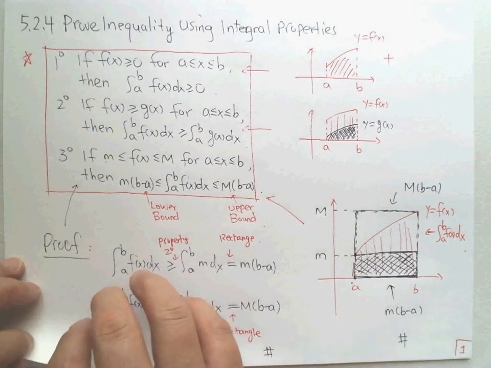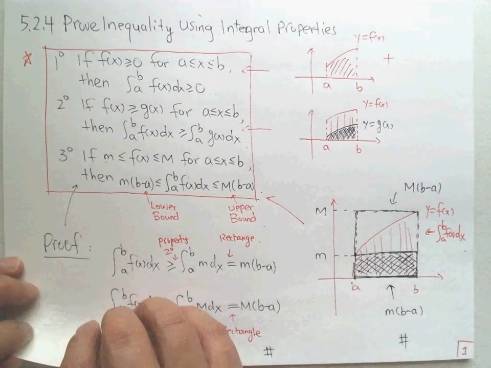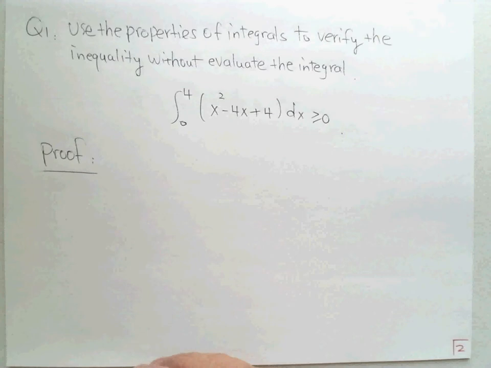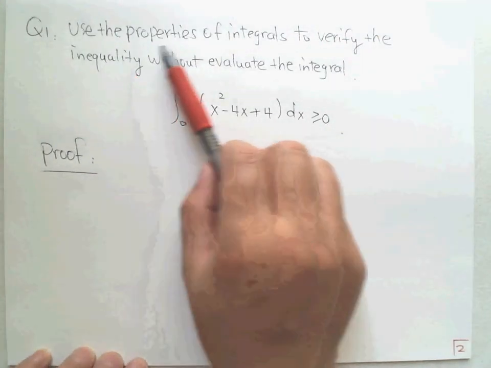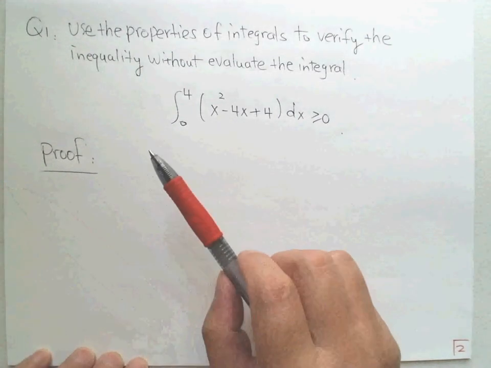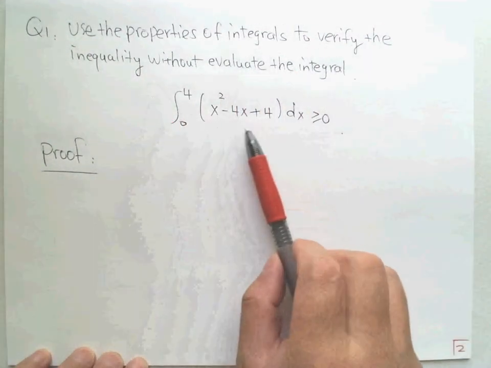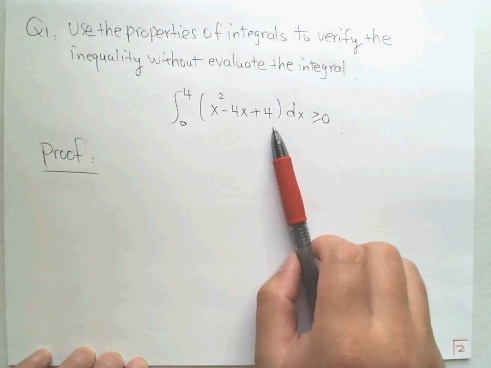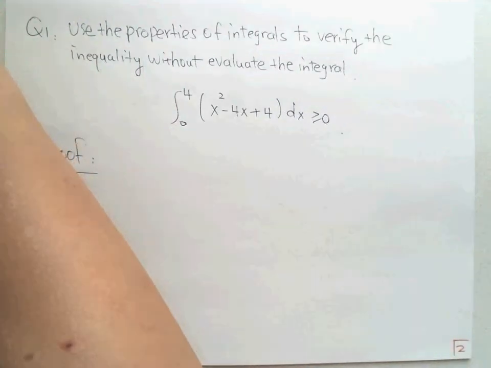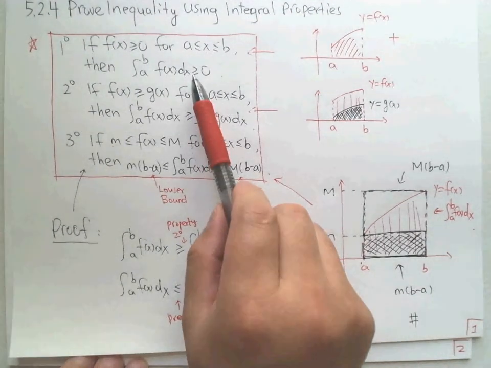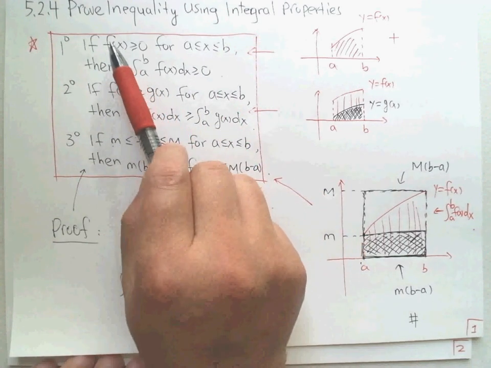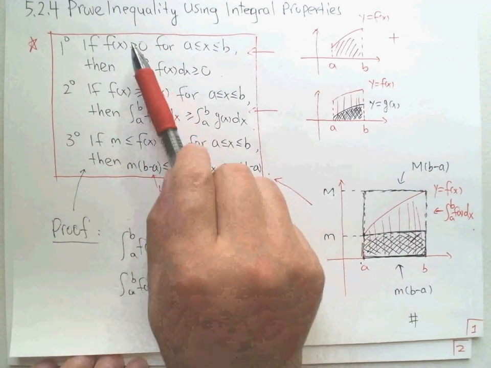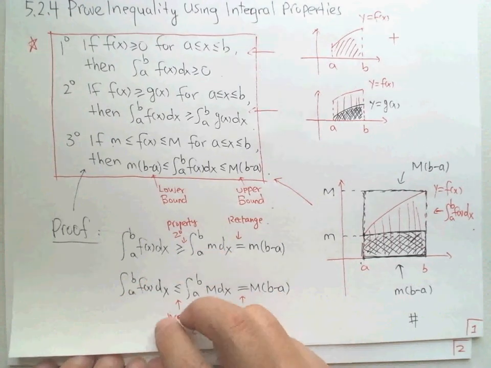Now I'm going to use this on 2 examples. This is the first example. We're going to use the property we just saw. We have 3 properties, right? To verify this one, this is non-negative. So let's go back. Non-negative is the first, right? The first property: if the function f is non-negative, then the integral is non-negative.